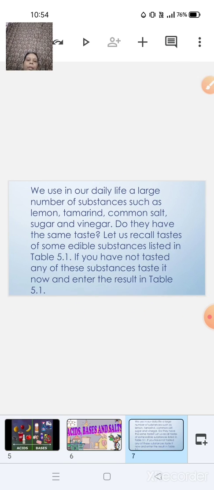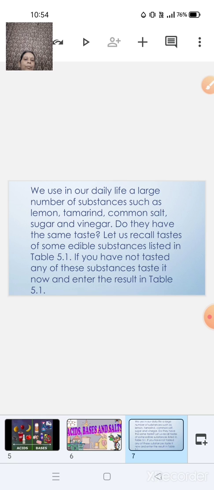Children, we use substances in our daily life such as lemon, tamarind, common salt, sugar and vinegar. As we know, they do not have the same taste, but they are edible substances.